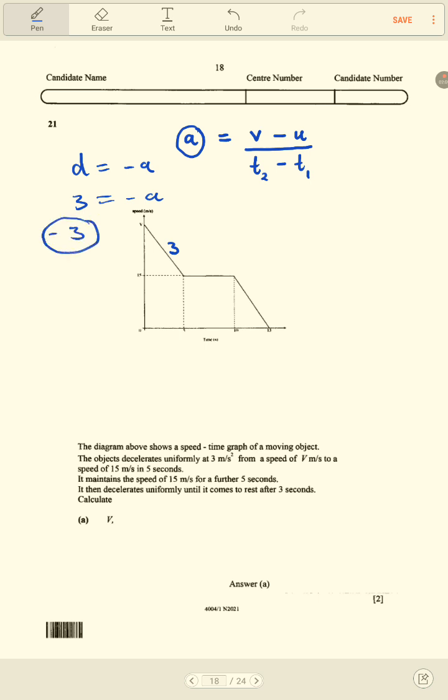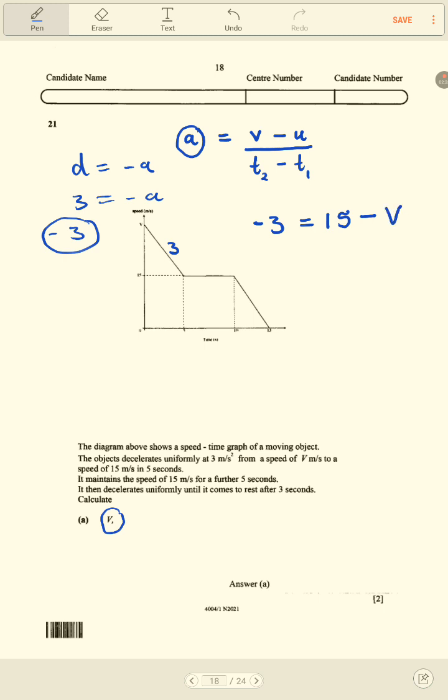right? So here we say minus 3 is equal to, so the final velocity in this case, because it decelerated from v to 15 meters per second, which means final velocity is 15 minus the initial according to the question is v.